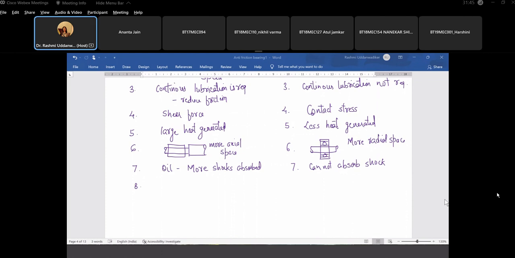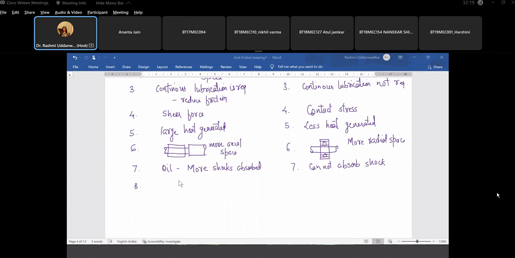So wear and cracking of bearing. Which bearing you're talking about? Cracking of which bearings? Ball bearing. Would that be sudden or gradual? Will there be any indication of failure? Gradual excessive wear.